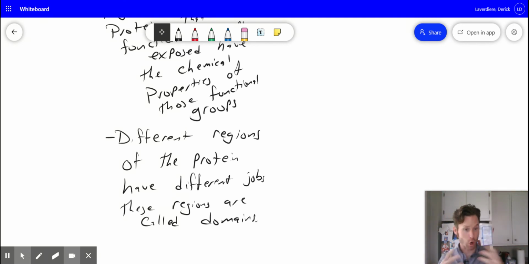There's a domain of the protein whose job it is to put the Jell-O in the cup. There's a domain of the protein whose job it is to put the spoon on top of the Jell-O, and there's a domain of the proteins whose job it is to bring the Jell-O out. Right? And so that whole thing, its job is to deliver Jell-O to you at the restaurant, right? But each domain has its own little role in that part.